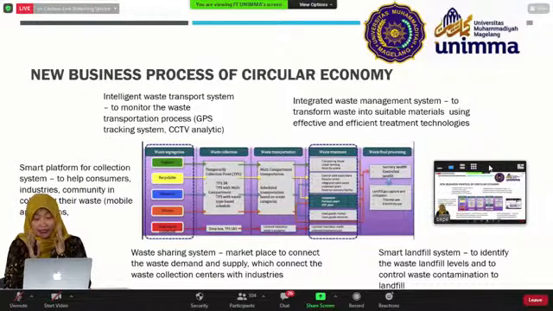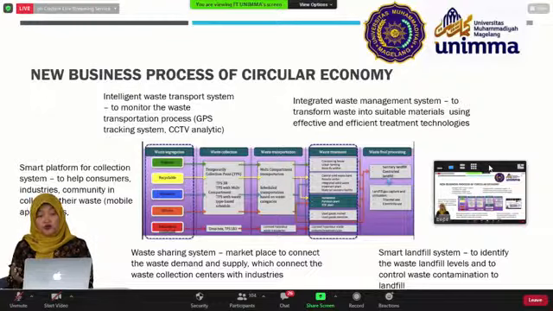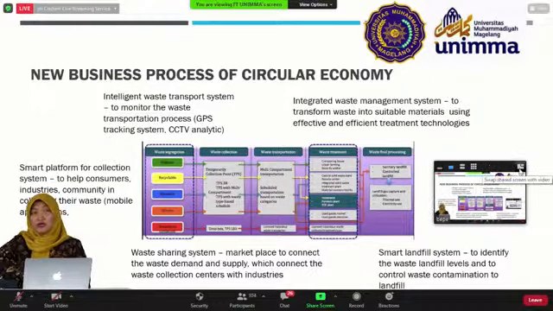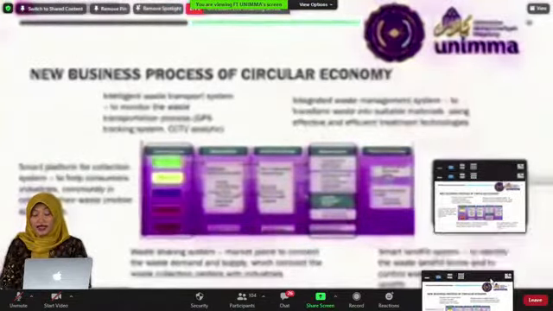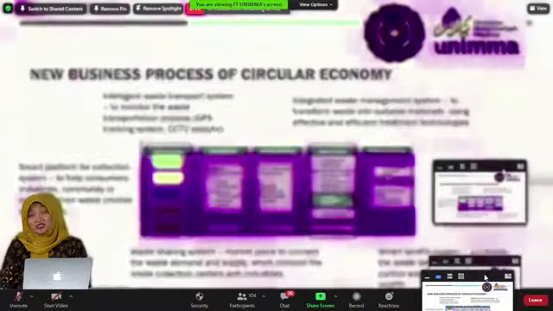And then the second one is intelligent waste transport system. So this is actually innovation which we can propose. So intelligent waste transport system to monitor the waste transportation process using GPS tracking system and also CCTV analysis.